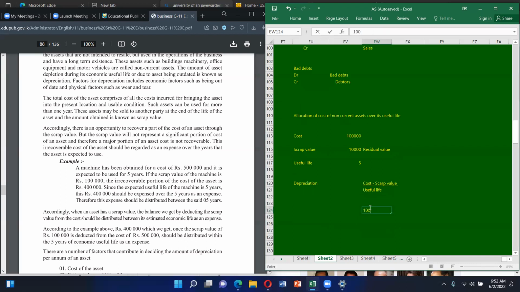So 100,000 minus 10,000, divided by 5. That is 90,000 divided by 5, which comes to 18,000. That's called depreciation.